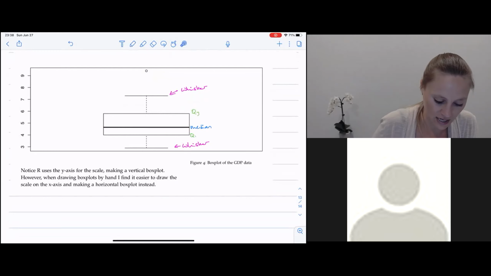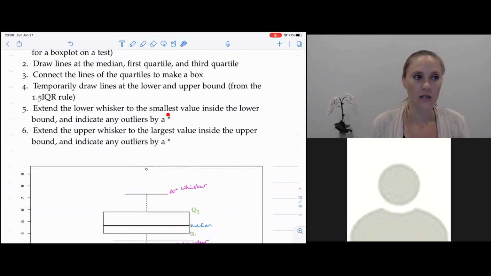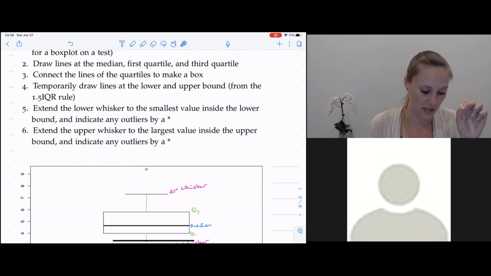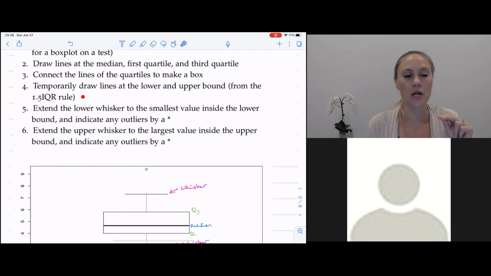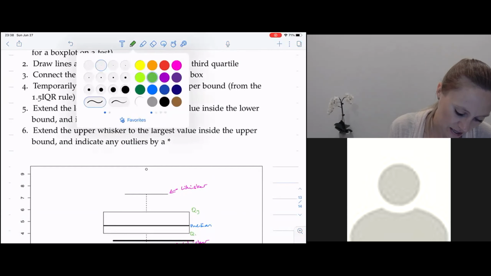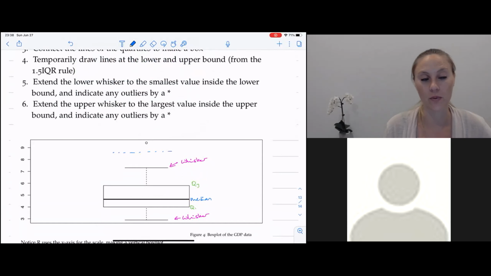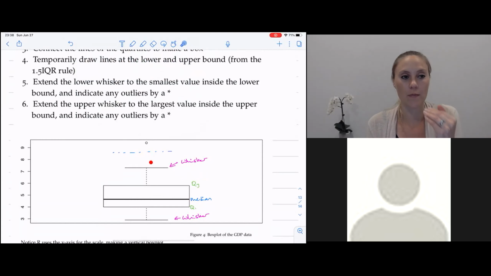And then what we said was you extend the lower whisker. So backtrack one step. You're going to temporarily draw lines at the lower and the upper bound. So this is with all the data points included. This would be your upper bound for the 1.5 IQR rule. Now there's no data point there, and so you'd have to drop it down to the closest data point within the bounds.